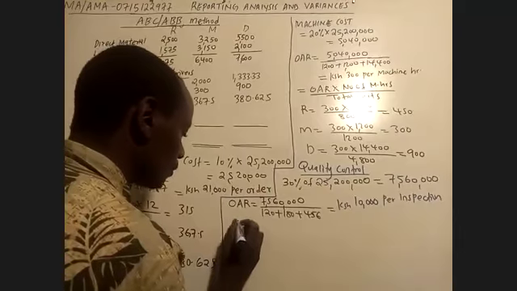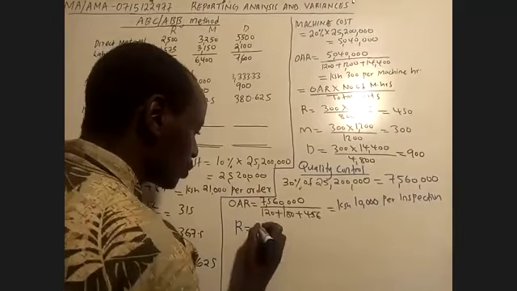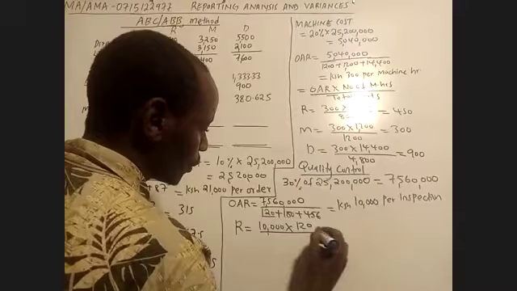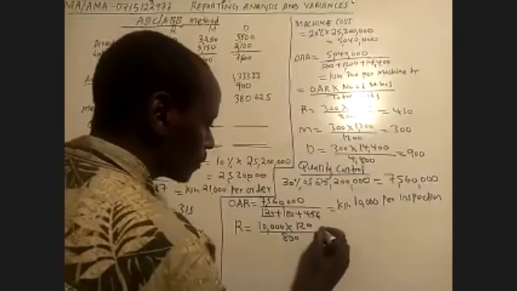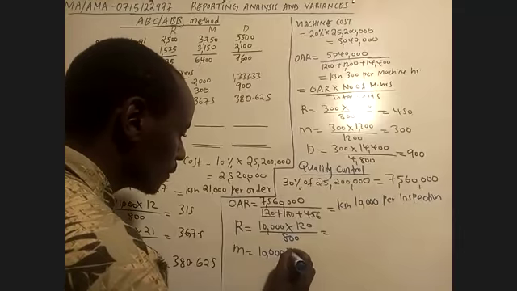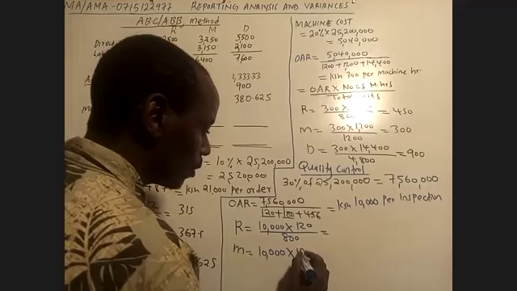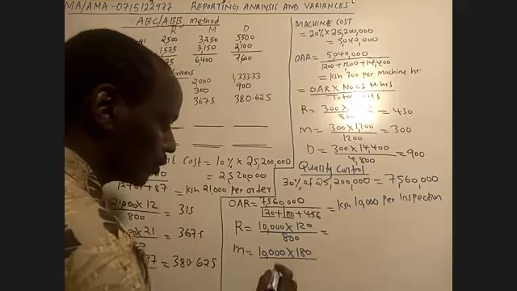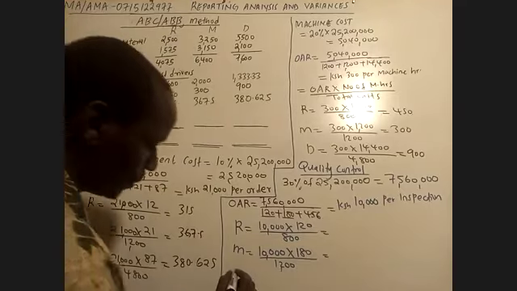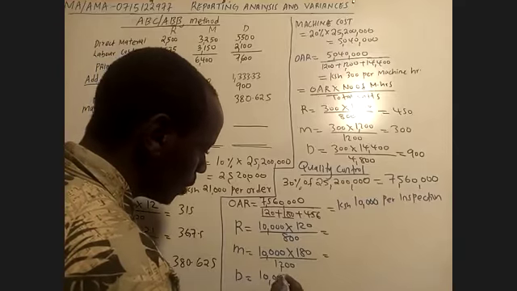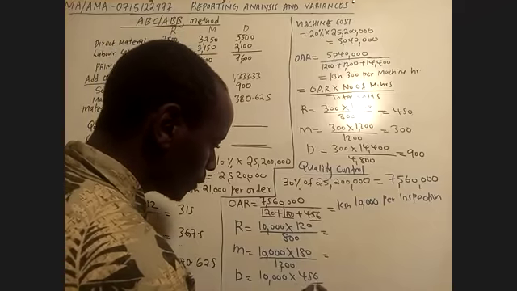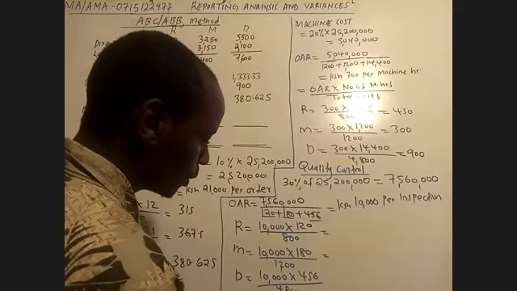We start with the R. The cost per inspection is 10,000. Number of inspections is 120, and we divide by the total number of units, which is 800. For M, cost per inspection is 10,000, number of inspections 180, divided by the number of units, 1200. Then 10,000 multiplied by the number of inspections, 456, divided by the total units, 648.